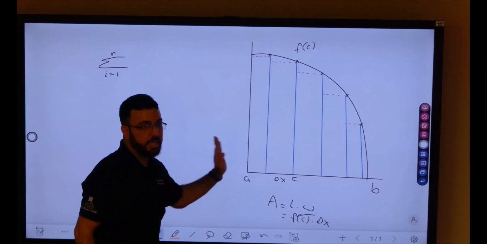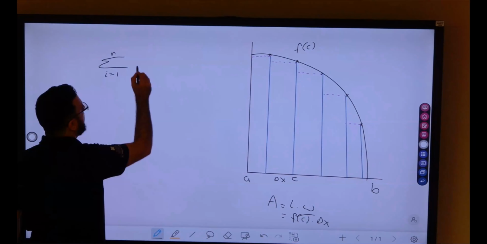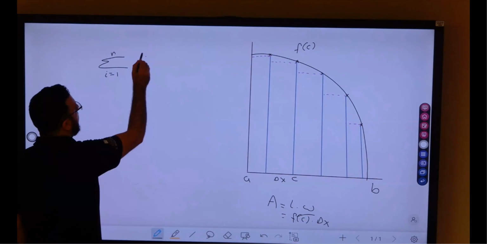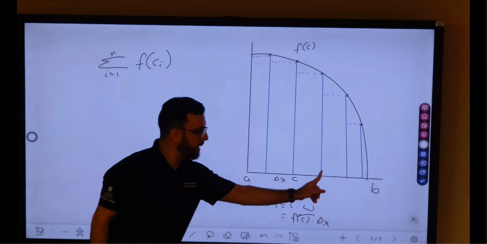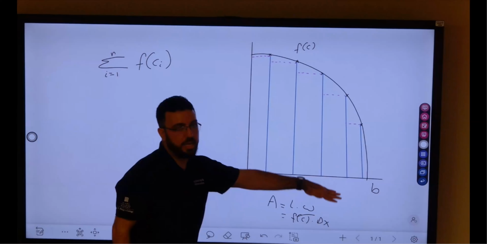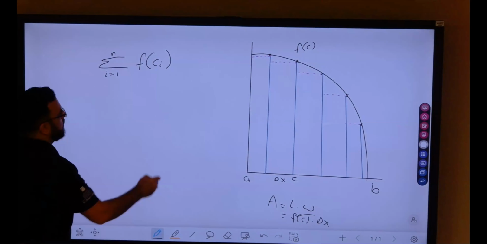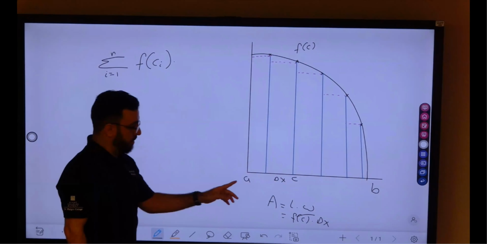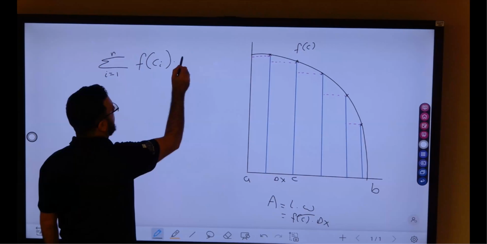What about if I need to write down the length for all rectangles? Can I say it's f of ci? Because if this is c1, c2, c3, c4, c5, that means the length is going to be f of ci, times dx. dx is the same width for each rectangle.